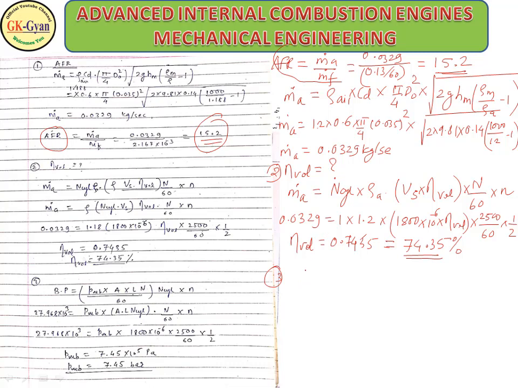PMB. You have to calculate PMB, brake mean effective pressure. With the help of BP, we know BP is equal to PMB into A into L into N divided by 60 into number of cylinders into small n.